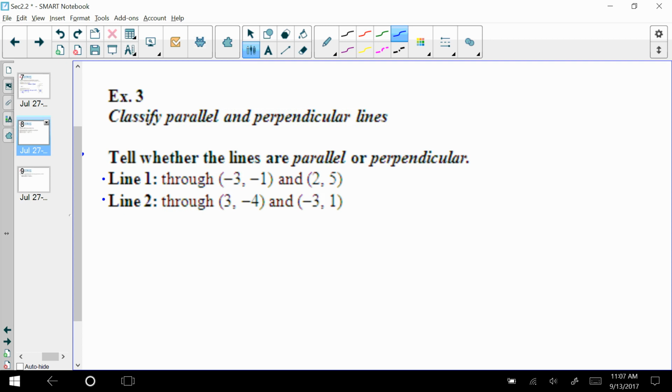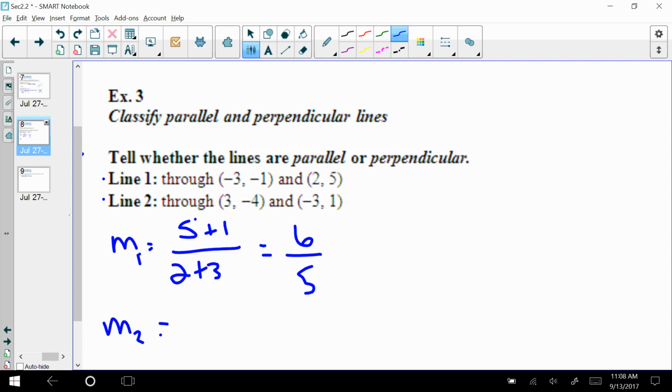So the first slope, we're going to say m equals 5 minus -1, or 5 plus 1, over 2 minus a -3, or 2 plus 3. The first slope is 6 over 5. So that's slope 1.